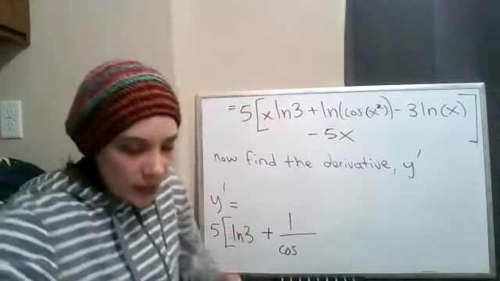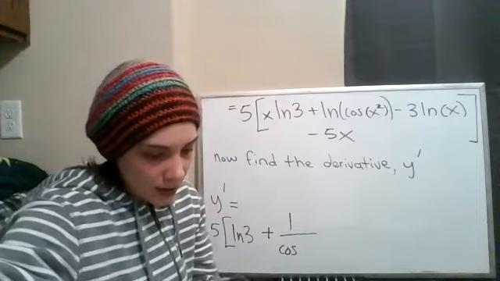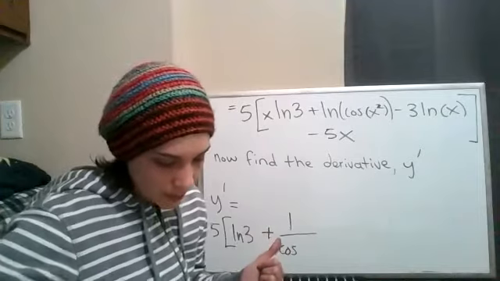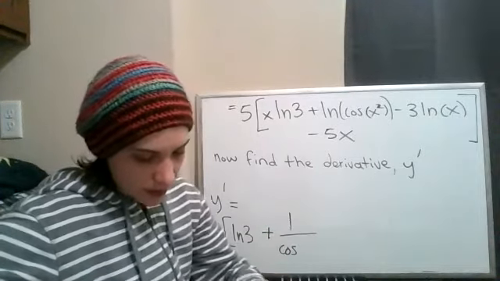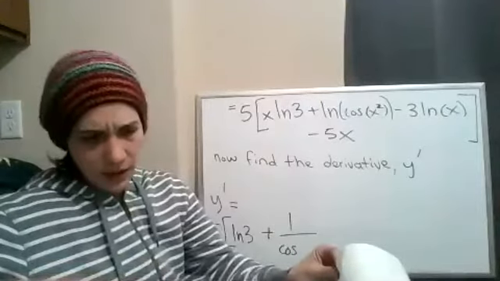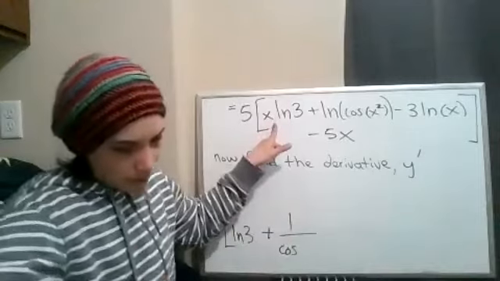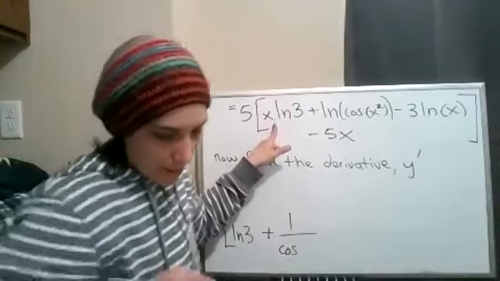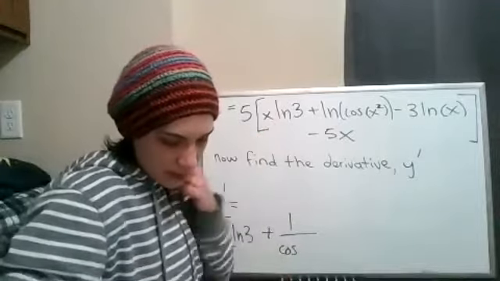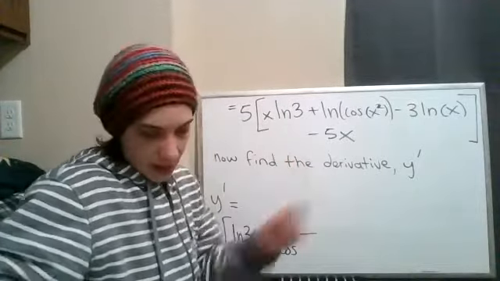I think it won't have a huge effect though if we keep on working. Let me check this in the original problem. I broke that down. So it's okay. x ln of 3, ln of cosine of x squared, that and that.